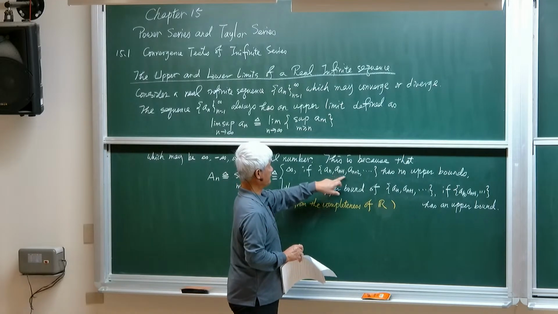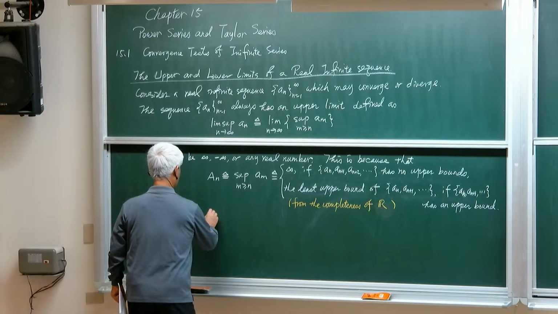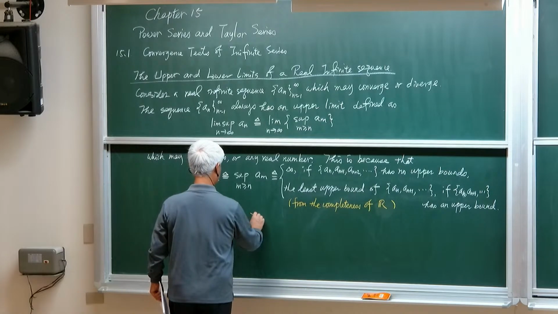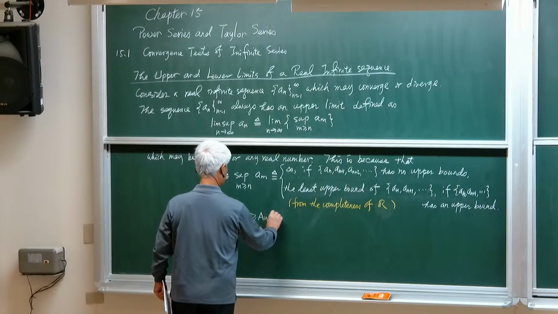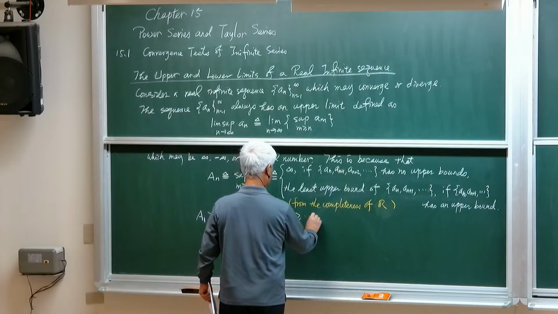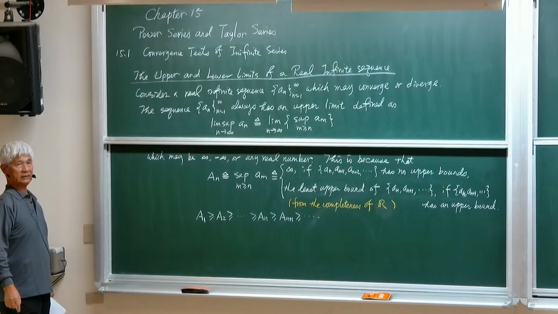All right. So we can see that A_1 is greater than or equal to A_2, etc. So A_n is a decreasing sequence.